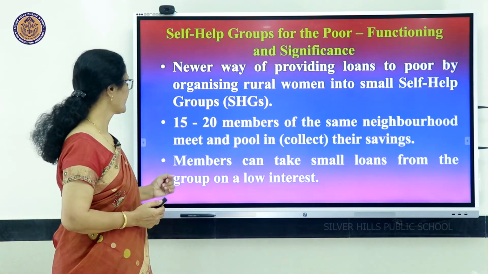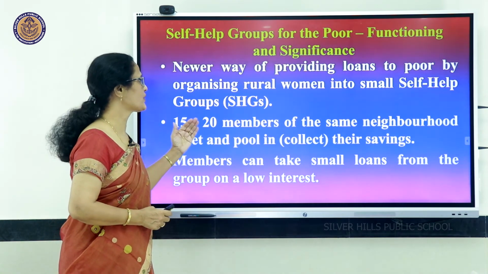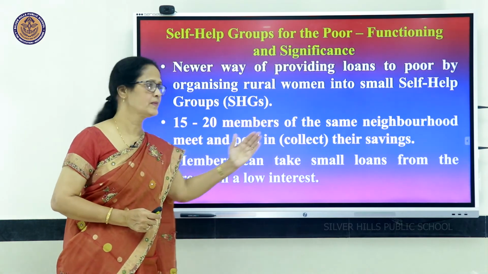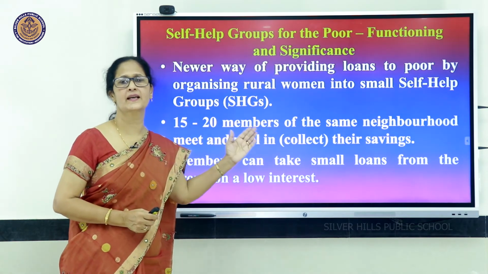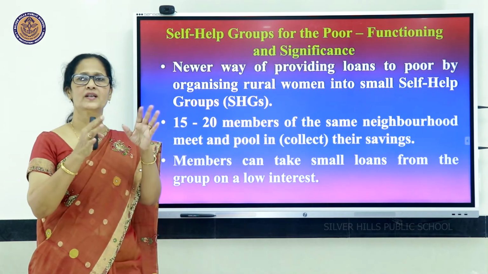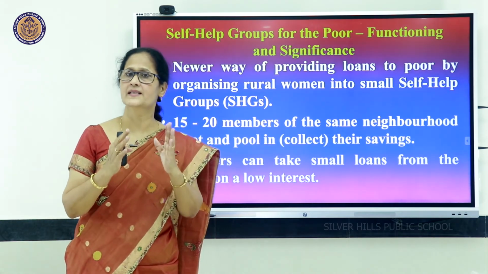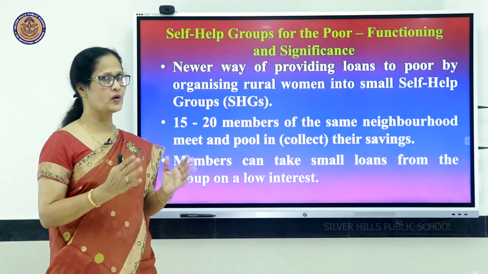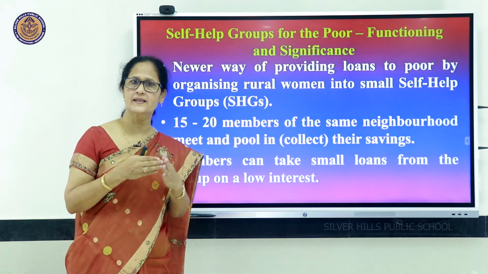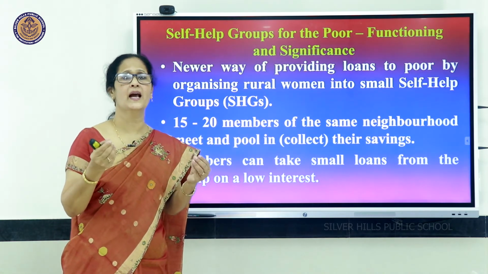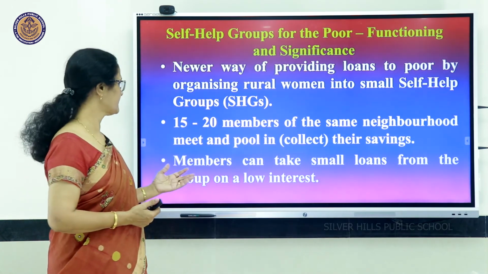Now, who are the members of these SHGs? 15 to 20 women of the same neighborhood join together and form a self-help group. They meet often and pool in their savings, and these savings can be as low as 25 rupees or any amount which they can afford.